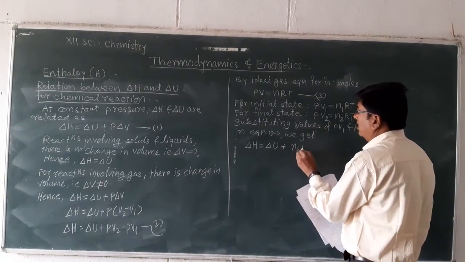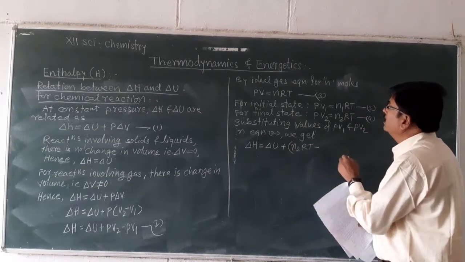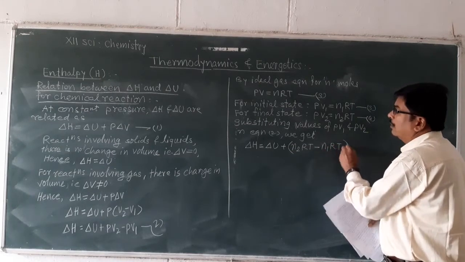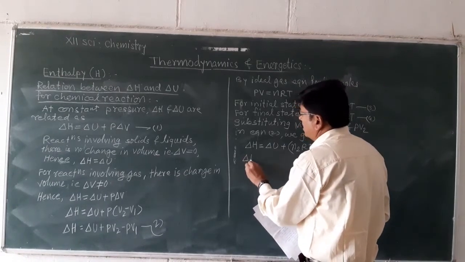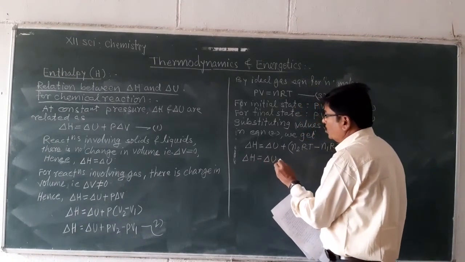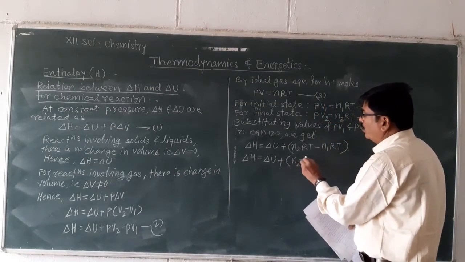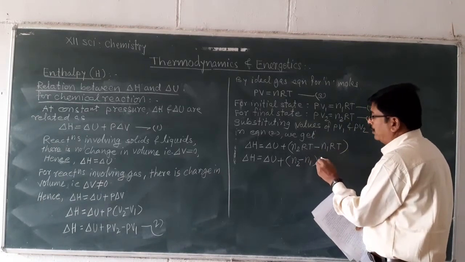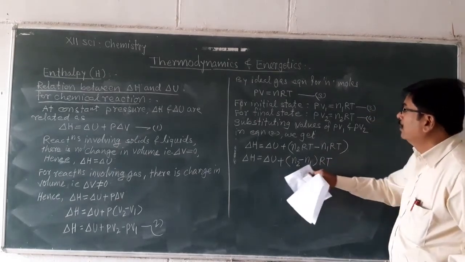N2RT, minus what is PV1? N1RT. Now you can modify this equation as delta H is equal to delta U plus (N2 minus N1) into bracket. RT is common, it is taken out of the bracket.